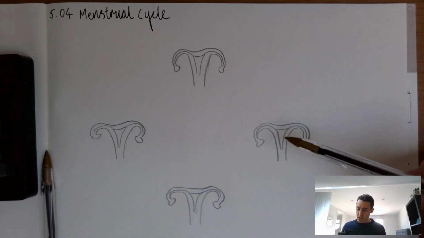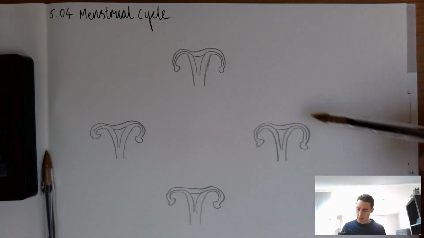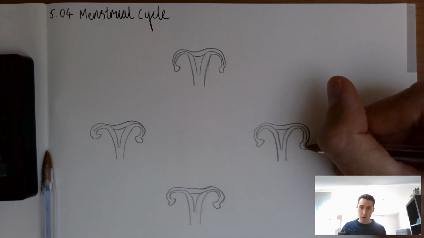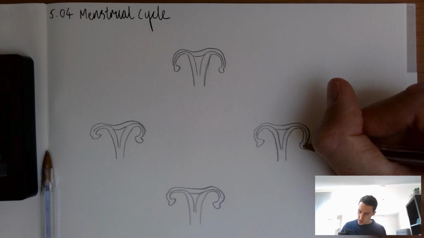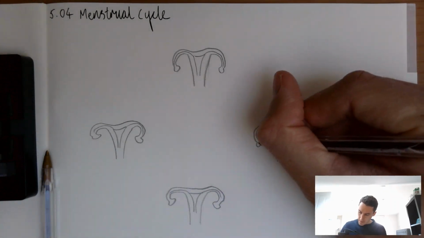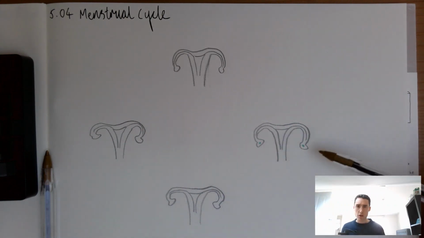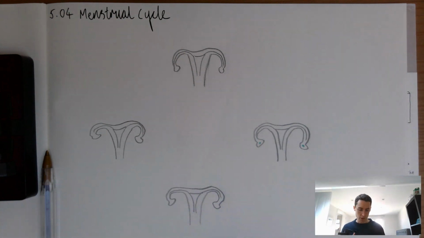The first thing I would talk about at day 5, and again I'm going to put the days on at the end, is that inside the 2 ovaries, on either side of the uterus, at some point in this cycle, which we will find out is day 5, eggs start to form inside the ovaries.